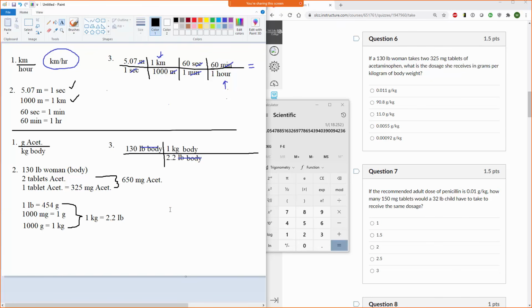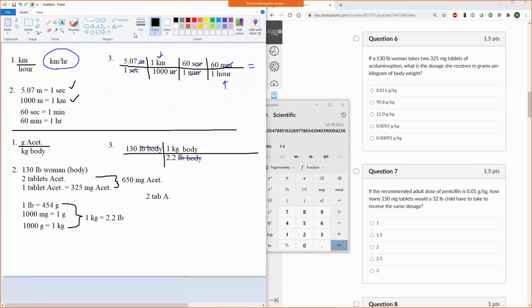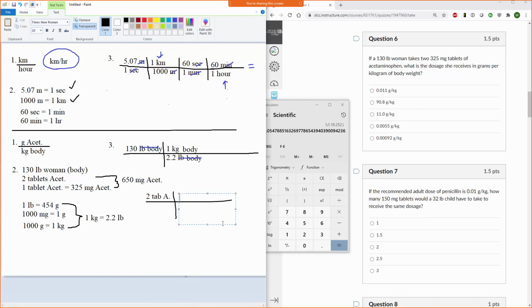So you can set up the dimensional analysis and say, I've got 2 tablets acetaminophen, and then we've got 325 milligrams acetaminophen in every 1 tablet acetaminophen.